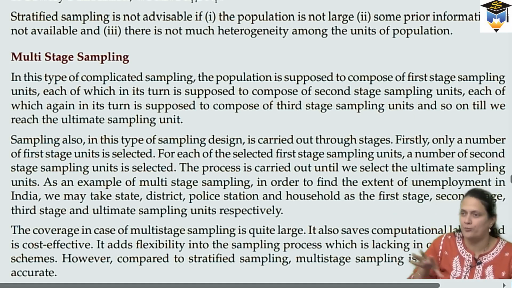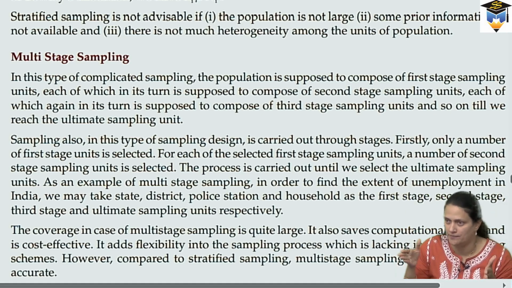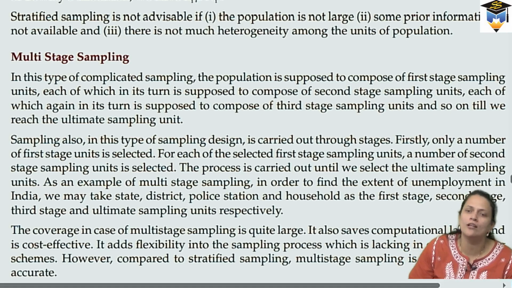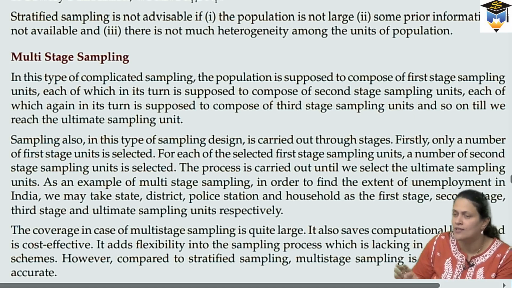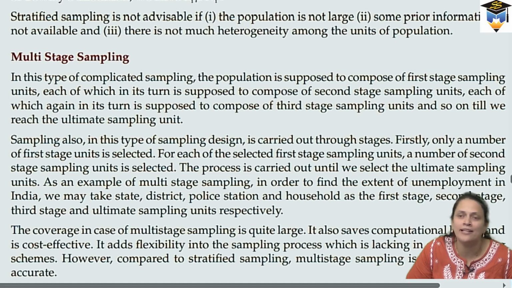From the entire population, I will find out the people who are citizens of India. That is my first stage sampling. Second stage sampling, then I will allow those people to do the voting part. And from those people, let's say 50,000 are females, 50,000 are males. Then I can apply different sampling techniques.